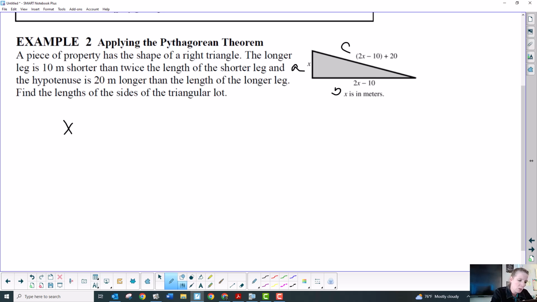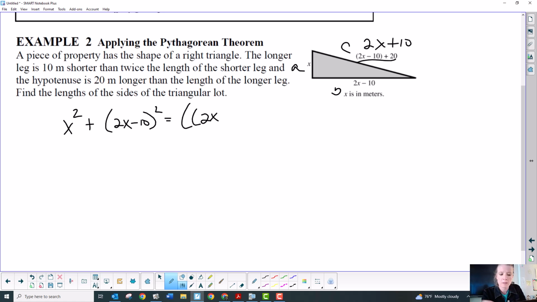So a squared plus b squared equals c squared. Can I go ahead and combine my terms right there? That would be 2x plus 10 squared. So I'm just going to write it twice and FOIL it out. So 2x minus 10, 2x minus 10.